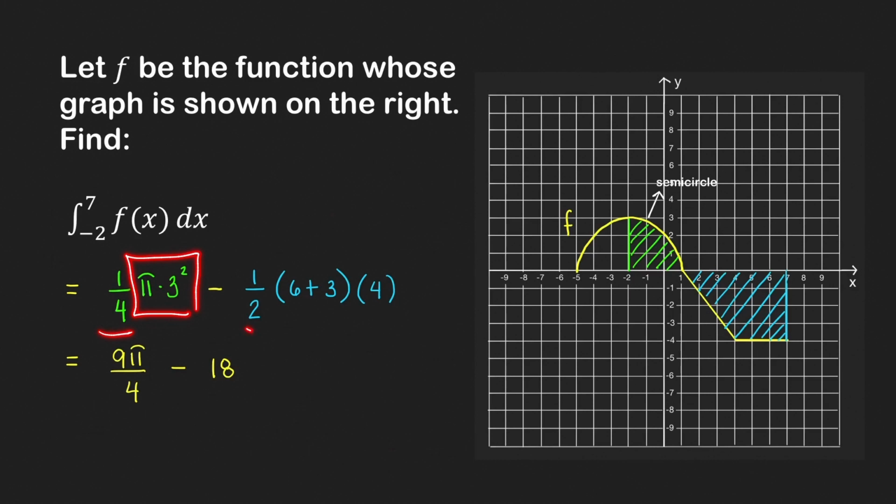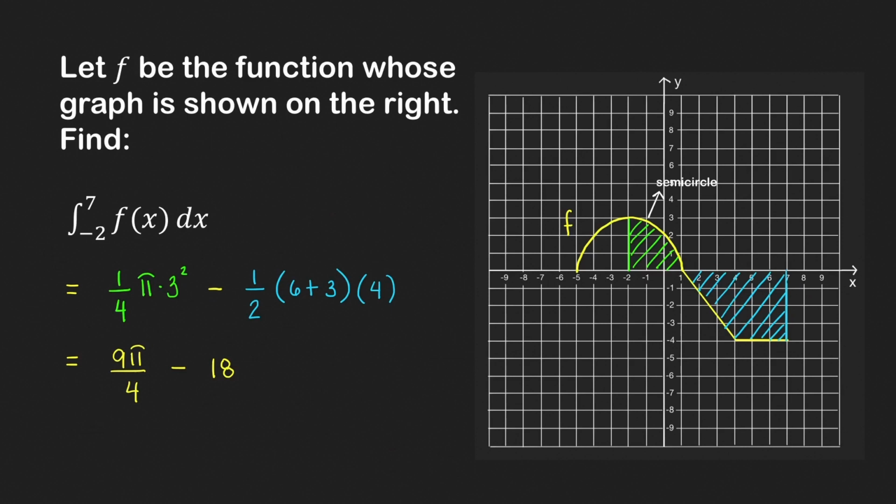Minus, again, this region here is a trapezoid. Why? Because again, we have these parallel sides. And the height of this one, or altitude, is equal to this one. So the area of this one is just equal to 1/2 times the sum of the bases, the parallel sides, which is what? 7 minus 1, which is equal to 6, plus 3, and then times the height, which is equal to 4.